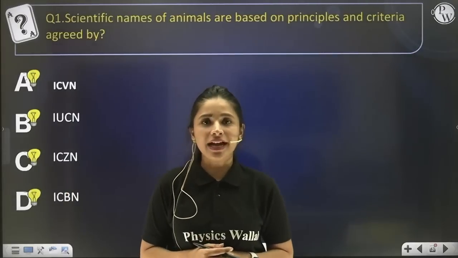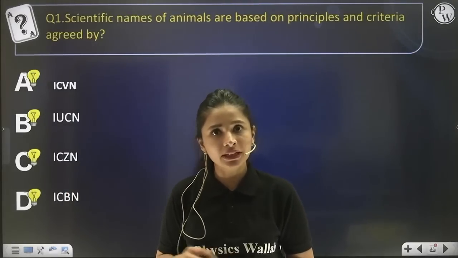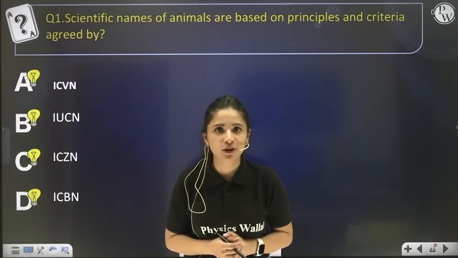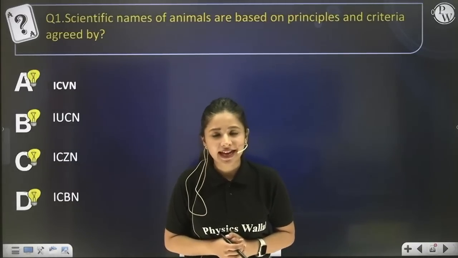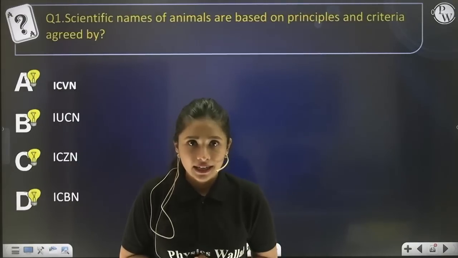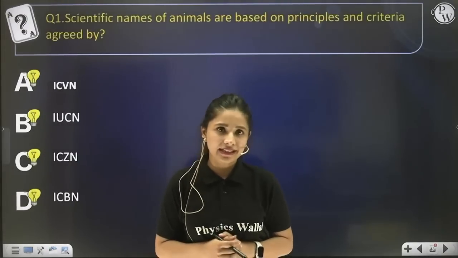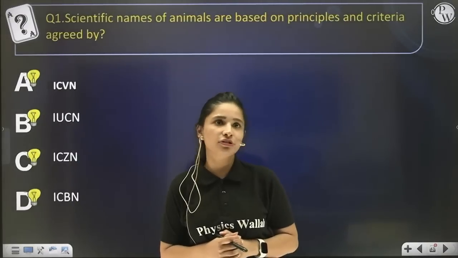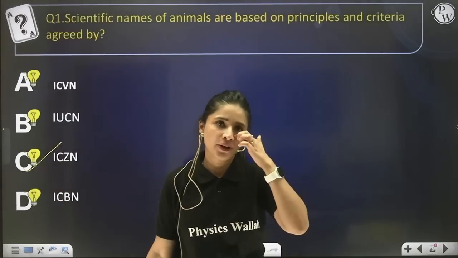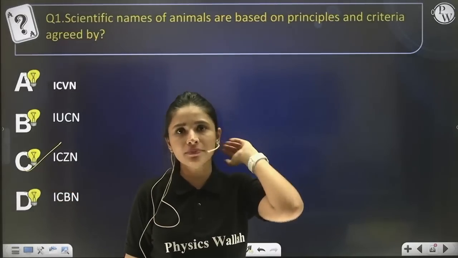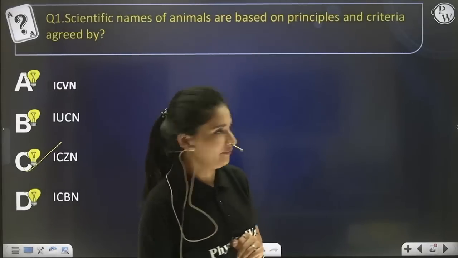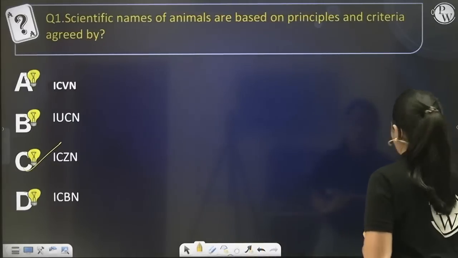ICZN, International Code for Zoological Nomenclature. ICBN, International Code for Botanical Nomenclature. Yes, absolutely correct. In order to name animals correctly, the organization responsible is ICZN. So the answer of this question becomes C. Hope you have understood.